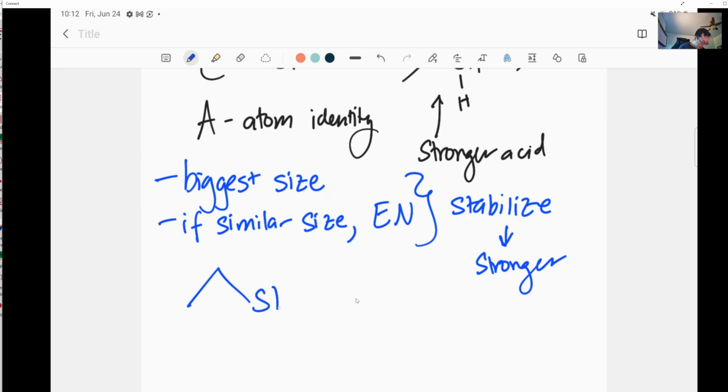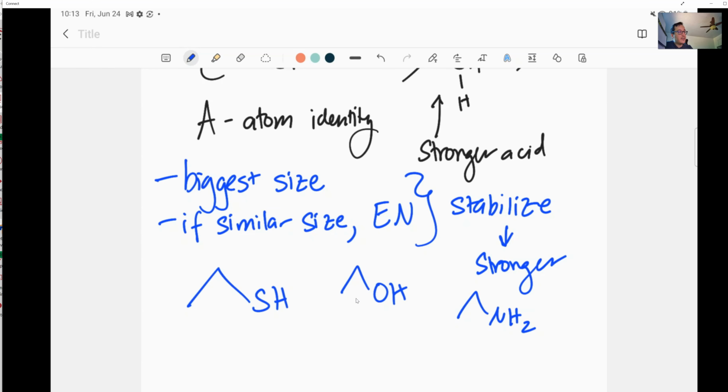how about this one with the sulfur versus the oxygen versus the one with the nitrogen? If we're comparing these, oxygen, nitrogen, they're kind of similar size. Oxygen is a little bit smaller than nitrogen, but roughly similar size, right? Because they're in the same period of the periodic table. Sulfur, however, is a row down on the periodic table.